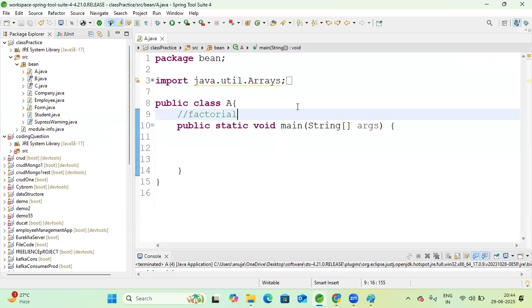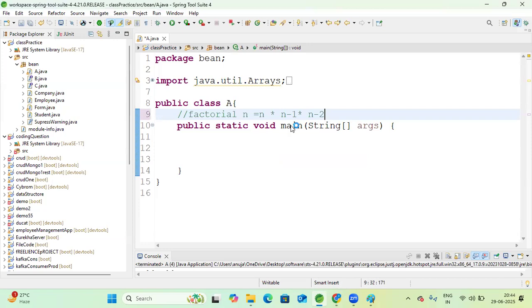What is factorial? The factorial of a number n is the product of all the positive integers up to n. If n is some number, then the factorial will be n into n minus 1, then into n minus 2.